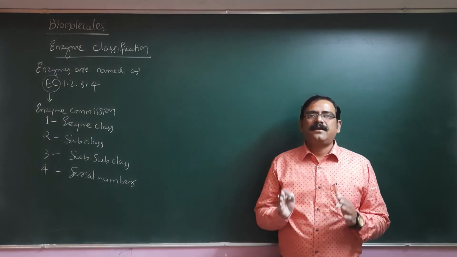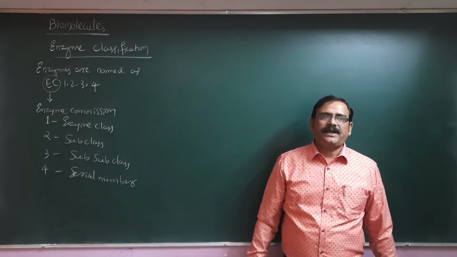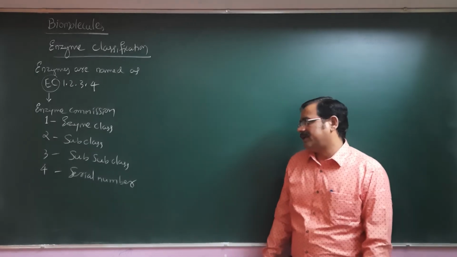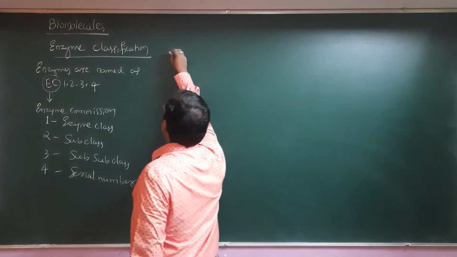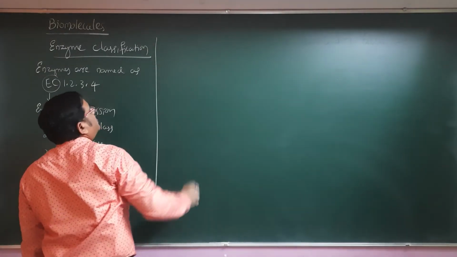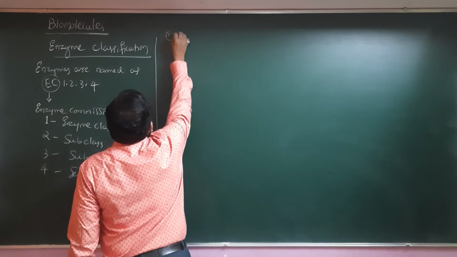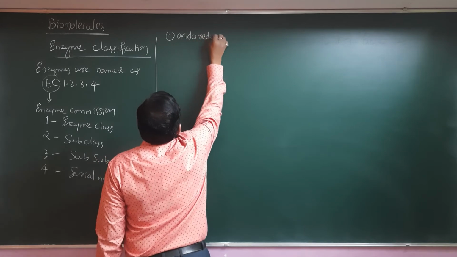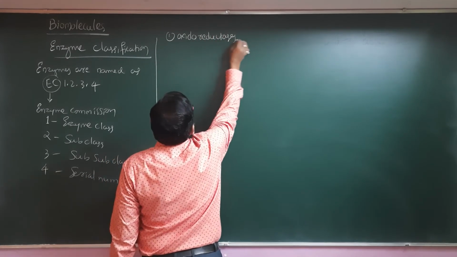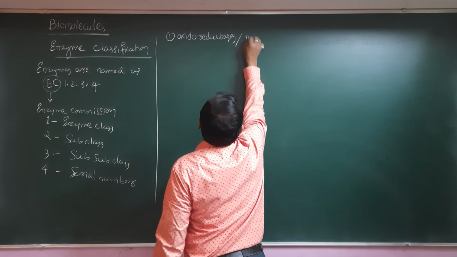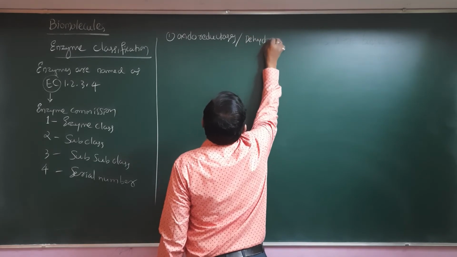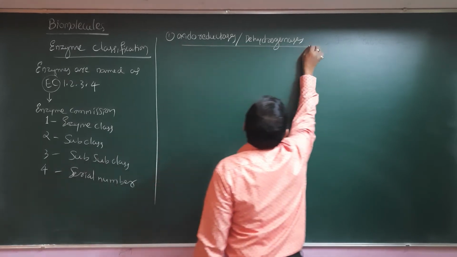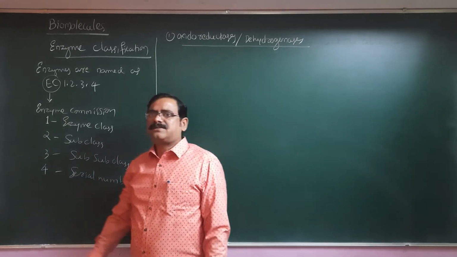Now there are 6 important categories of enzymes. Let us understand them one by one. The first group we are going to discuss is called oxidoreductases. Sometimes they are also called dehydrogenases. So what do these enzymes actually do?